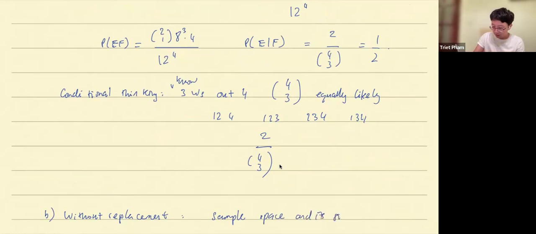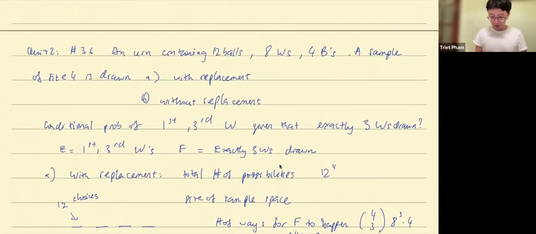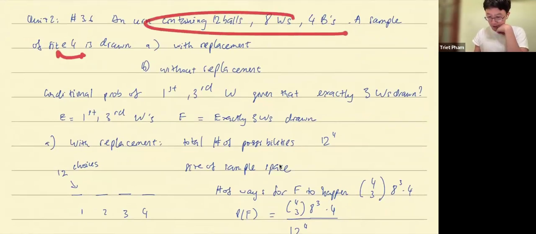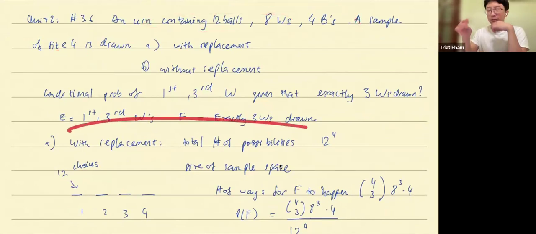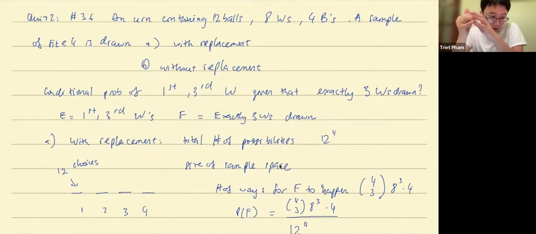What is the sample space and what's the size? In this problem, we draw 4 balls out of this urn. Look at this question. What's the sample space and what's the size?